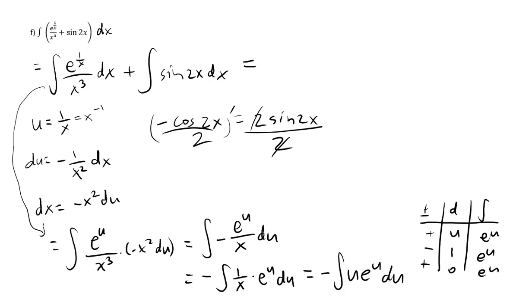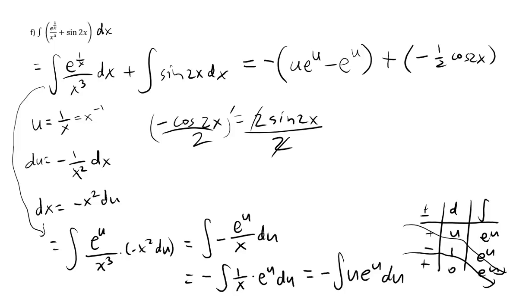Okay, so you have, remember this minus here, u times e to the u, and then this is minus e to the u, and the last one has to be multiplied and integrated, that's nothing, plus we already have the integration for this one figured out, which is negative 1/2 cosine 2x, and then plus c.